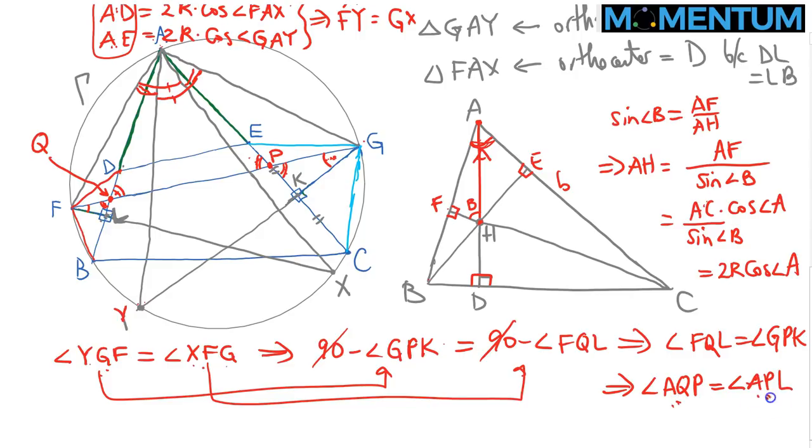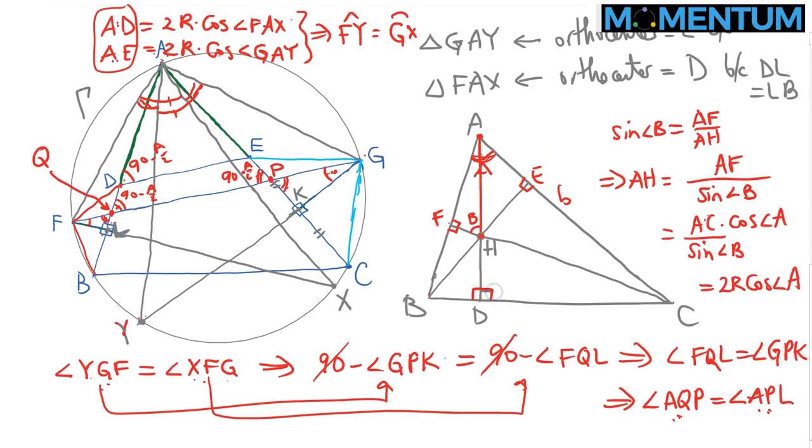Those two angles are congruent, but if you focus your attention on triangle ALP, those angles are just 90 minus A over 2. If they are equal, they must both be 90 minus A over 2. The same thing here, 90 minus A over 2. Because those two angles are congruent, AL is equal to AP, they are isosceles.